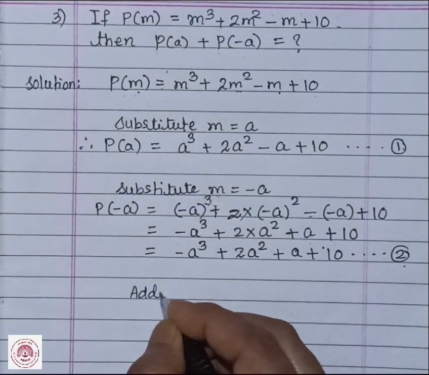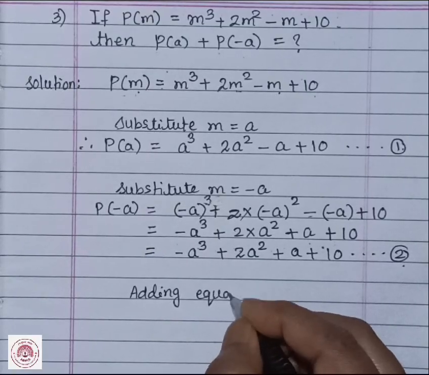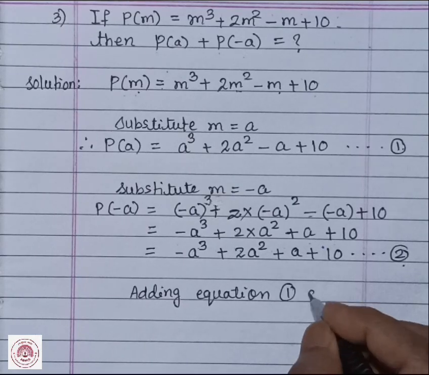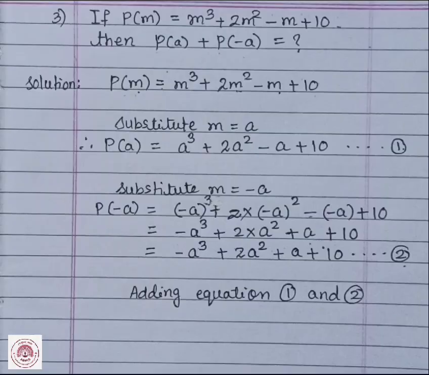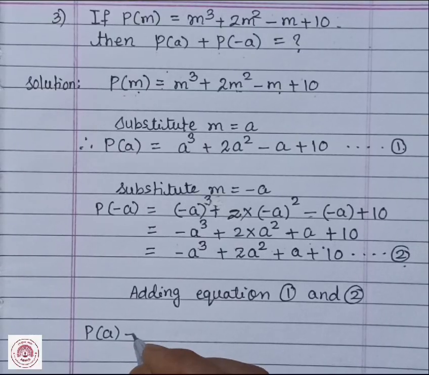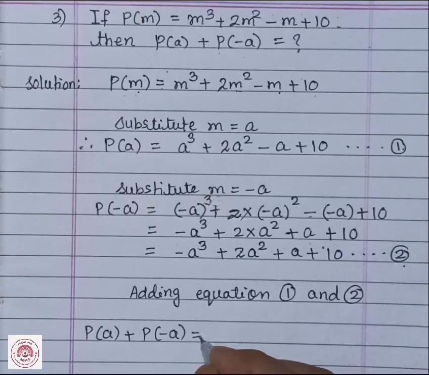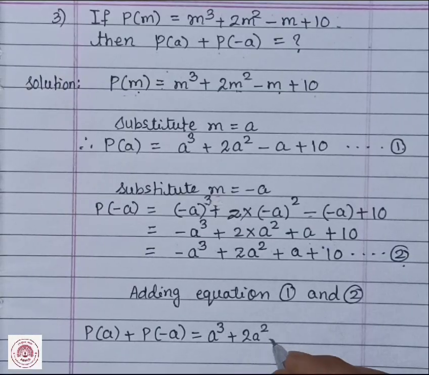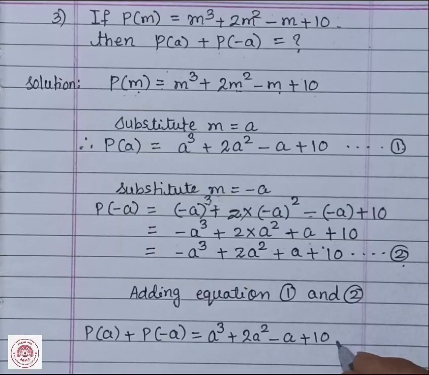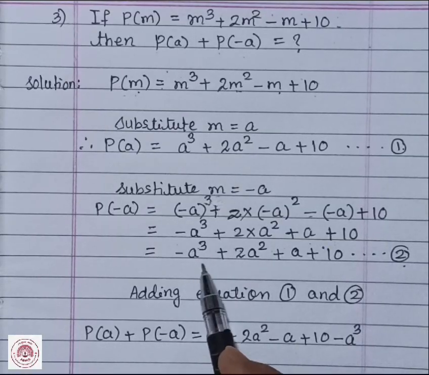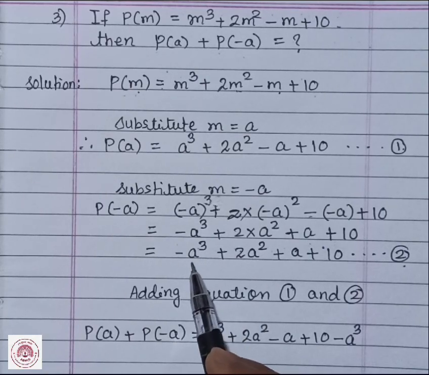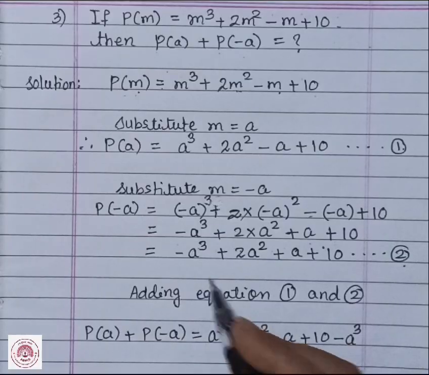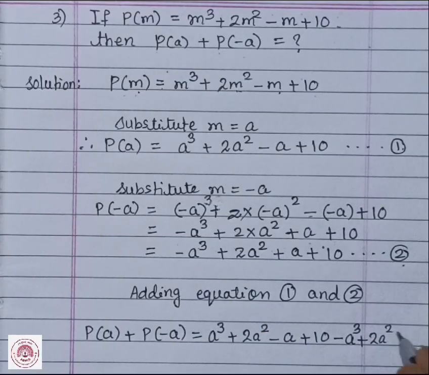So let's write here, adding equations 1 and 2, we will get on the left hand side P of a plus P of negative a, and on the right hand side we will write a cubed plus 2a squared minus a plus 10, and then add the value of P of negative a: negative a cubed plus 2a square plus a plus 10.